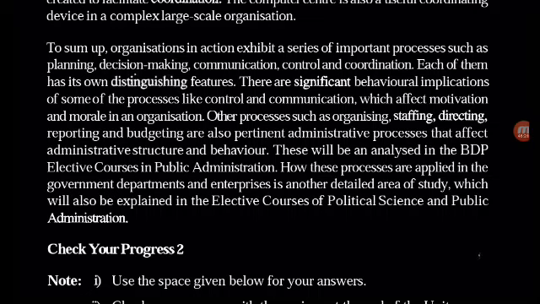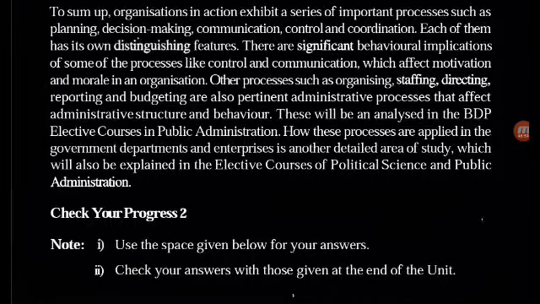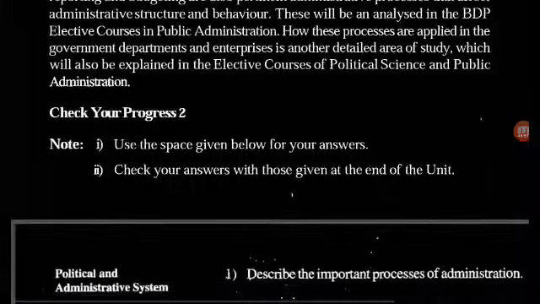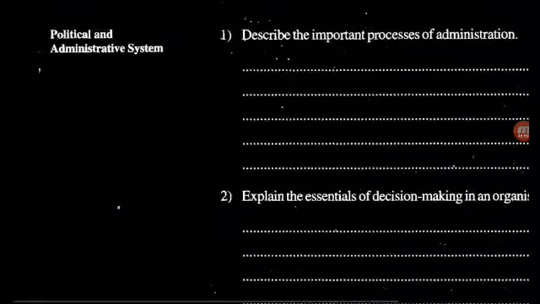Other processes such as organizing, staffing, directing, reporting, and budgeting are also pertinent administrative processes that affect administrative structure and behavior. These will be analyzed in the BDP elective courses in public administration. How these processes are applied in government departments and enterprises is another detailed area of study, which will also be explained in the elective courses of political science and public administration.